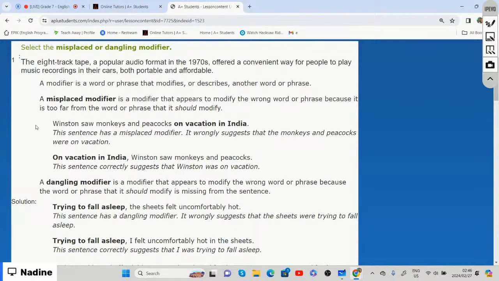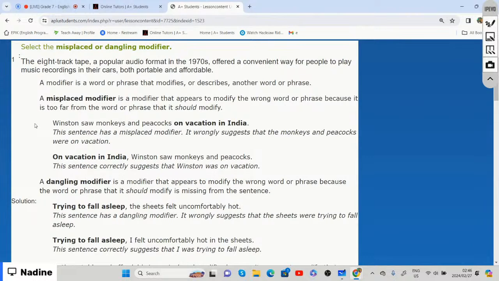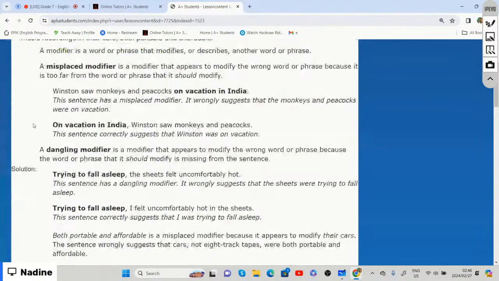All right. So a dangling modifier is a modifier that appears to modify the wrong word or phrase because the word or phrase that it should modify is missing from the sentence. For example, trying to fall asleep, the sheets felt uncomfortably hot, and that sentence suggests that the sheets were trying to fall asleep.